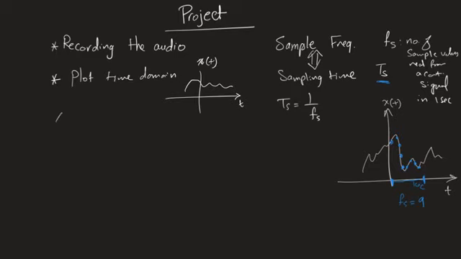Now the next step is to get the frequency domain representation. Okay? And in that case, in our previous slide or in today's lecture, we talked about the Fourier transform. Unfortunately, the actual Fourier transform cannot be calculated by MATLAB, but it has something called the FFT function, the fast Fourier transform function.